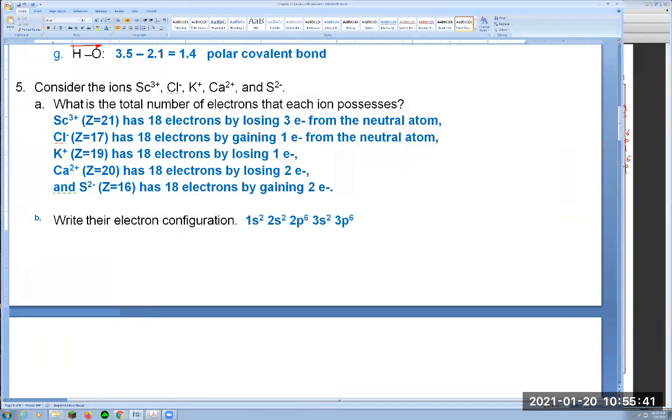So if we write this, it's going to be 1s2, 2s2, 2p6, 3s2, 3p6. And you see from the superscripts, we have, up to that point, 10 electrons plus 2, 12, plus 6, 18. So they all have this electron configuration, and it makes sense. They all have the same number of electrons.